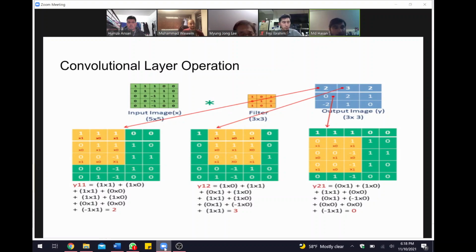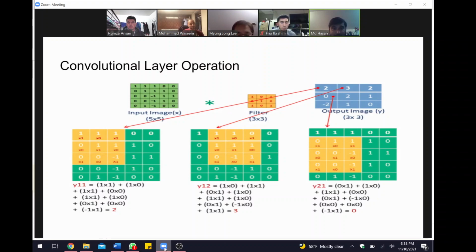Because we know that our computer only works with binary-like input. If it is a grayscale picture, it gives you only 0 and 1.